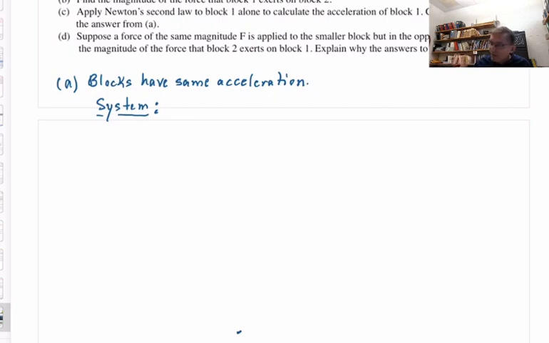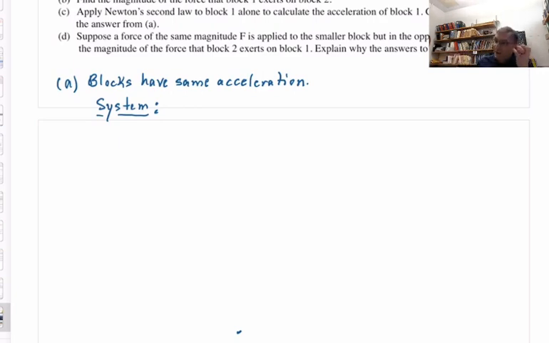But also, quite frequently, you have scenarios where there's 2 or 3 or more particles involved. Here I have 2 particles involved, 2 blocks. So now you have more options for what to pick as the system. You could pick block 1 only, if it's useful. You could pick the system to be block 2 only, if it's useful. Or you could pick the system to be the 2 blocks combined, if that's useful.